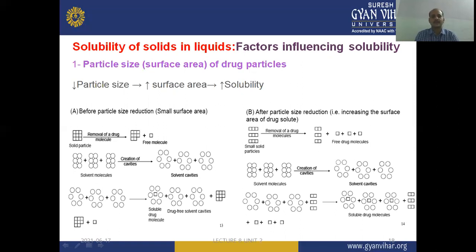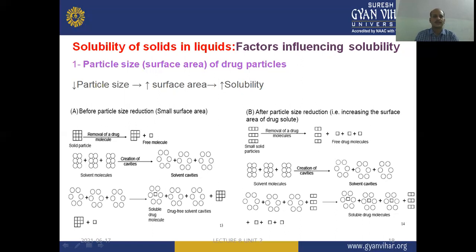If the particle size is reduced, then the surface area will increase and ultimately the solubility will be enhanced. Particle size can be reduced by micronization or by the combination process, and it will increase the surface area and ultimately the solubility.